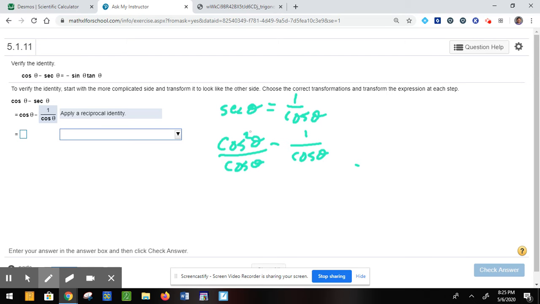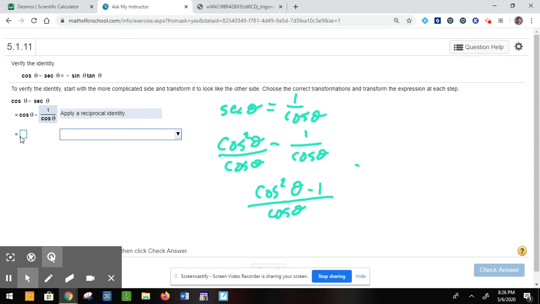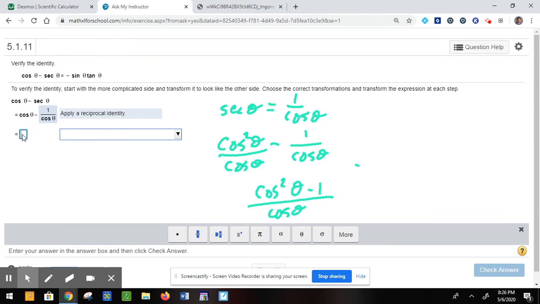All right. So now they have the common denominator, you can subtract them. It'll be cosine squared theta minus 1 over cosine theta. That's what's going to go as my answer here. So it is a fraction.